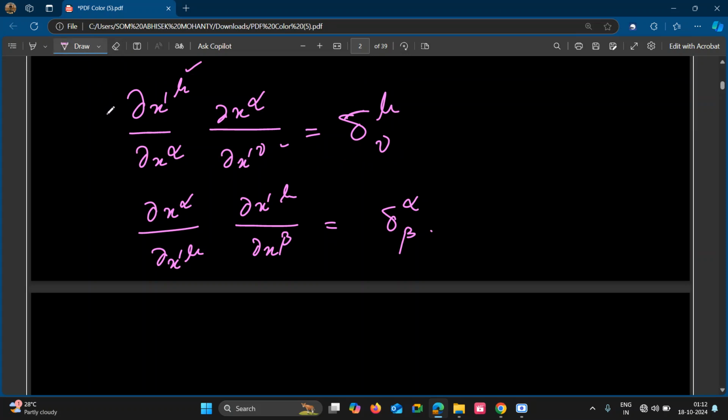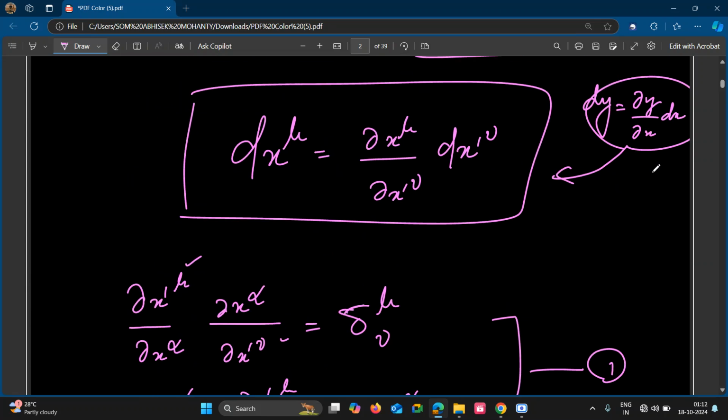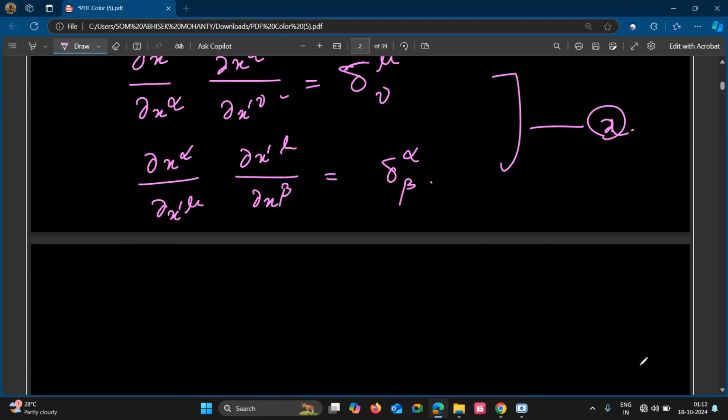All right, so let's give this a set of equations. They are very important equations. This is equation one, this is equation two. It's completely mathematical.